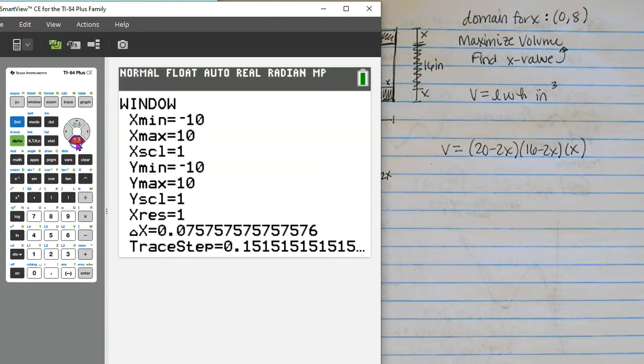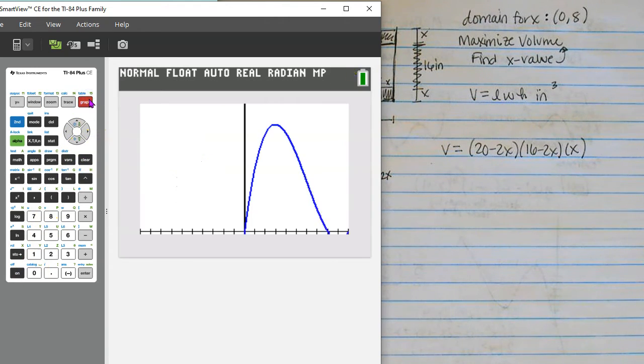But let's make the y maximum something really big and see if we can see it. There we go. I can't really see the other dip here, but that's okay because this other dip is too much. I can't subtract this much. You can see that 0 is the beginning boundary for what I could subtract out, and 8 is the other boundary on the other side. So that did work out.